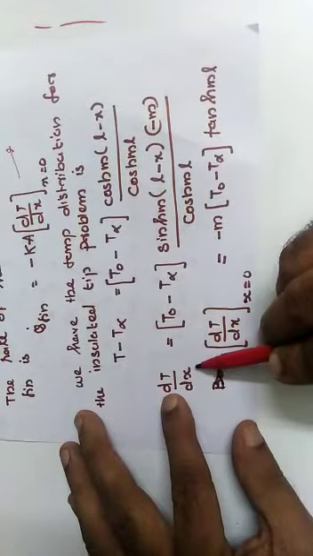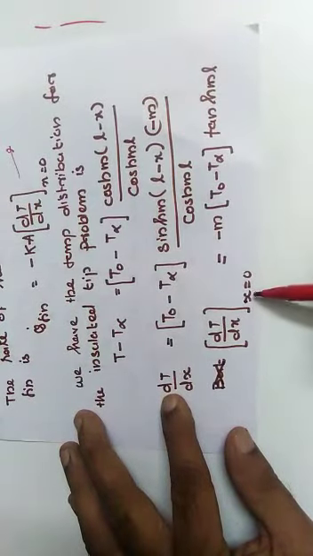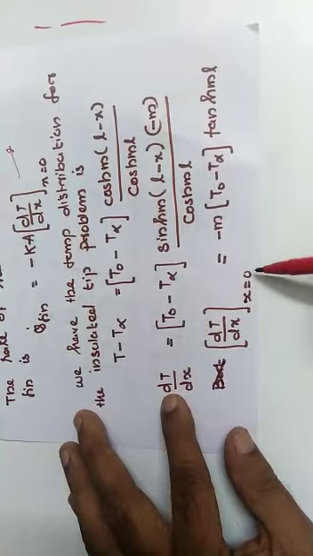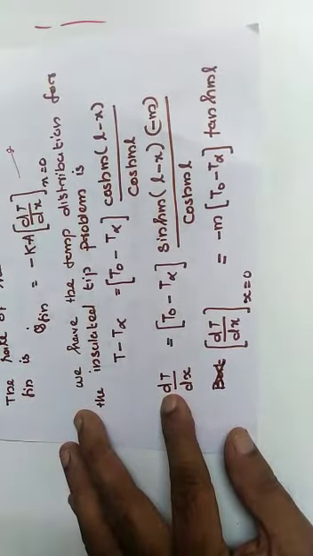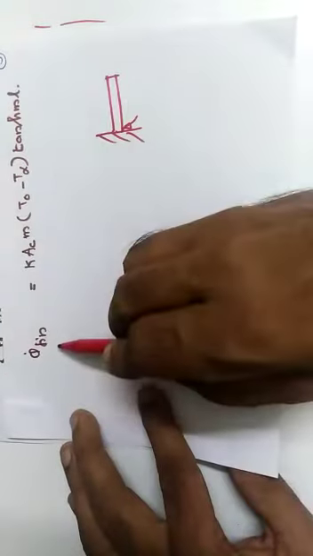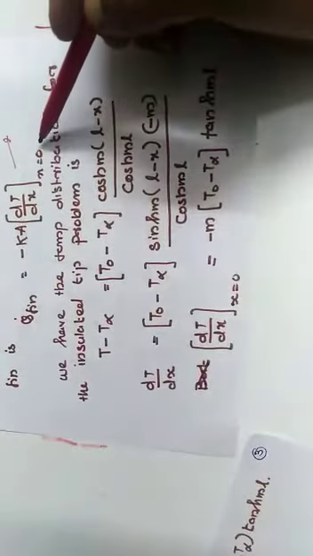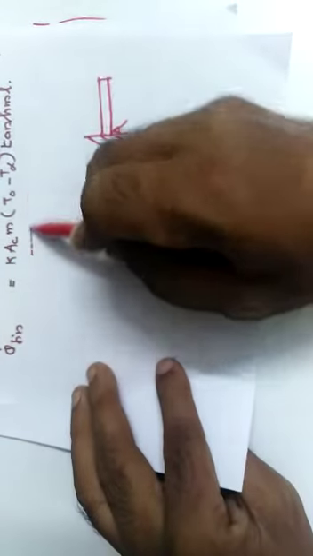In this expression, put x equal to 0, and you will get dT by dx at x equal to 0. So q dot fin equal to minus k into A into the value of dT by dx at x equal to 0. That will give you q dot fin equal to this expression.